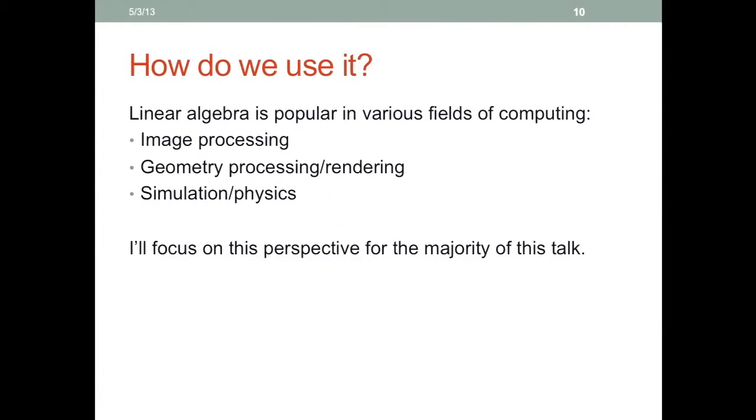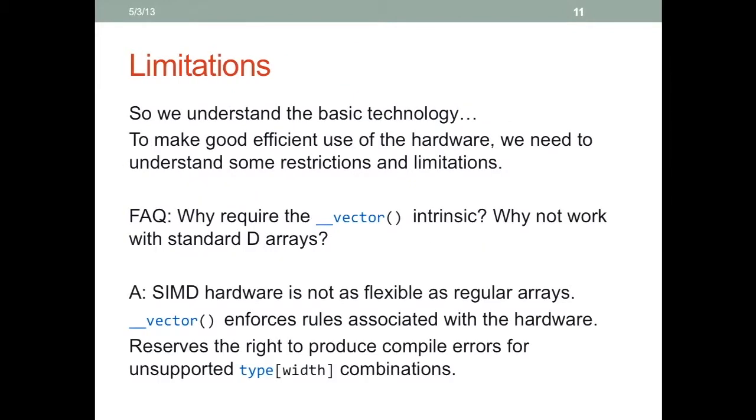It is in fact popular in fields such as image processing, geometry processing and rendering, simulation physics, often sound and other things too. So you can do 3D audio transformations with similar algorithms. But most of my examples will consider linear algebra because most of those problems are more interesting.